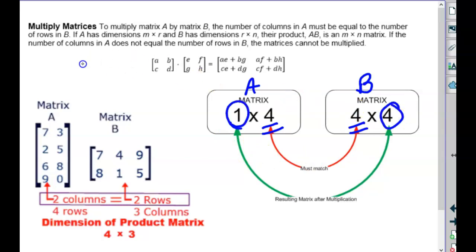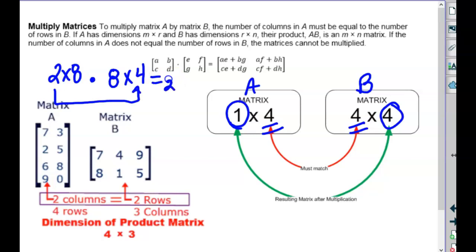So somebody give me another example. 2 by 8, what does the next number have to be? 8 by, okay, if it's 4. This is the same, so we are allowed to multiply these together. The resulting answer will be a 2 by 4. Okay, the number in the middle has to be the same, or you can't multiply them.